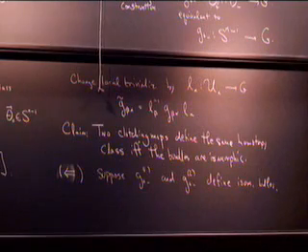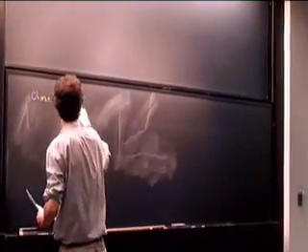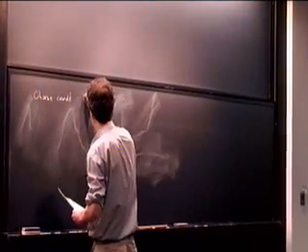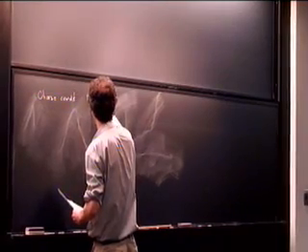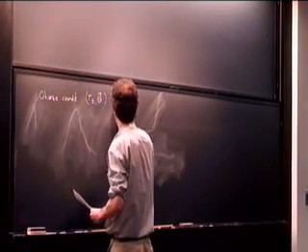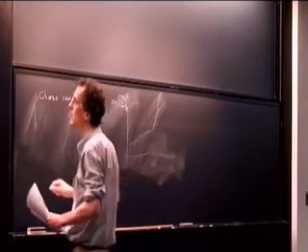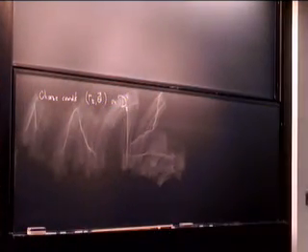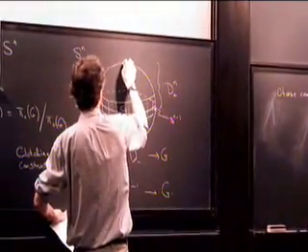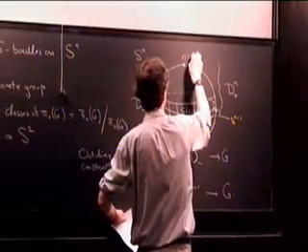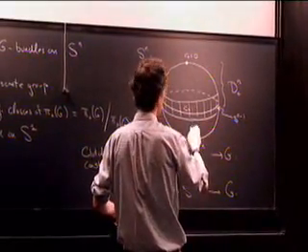So let's choose coordinates, let's call them r plus minus and theta, on these hemispheres D plus minus n, so that the equator is at r plus equals 1, and the pole is at r plus equals 0 in D plus.